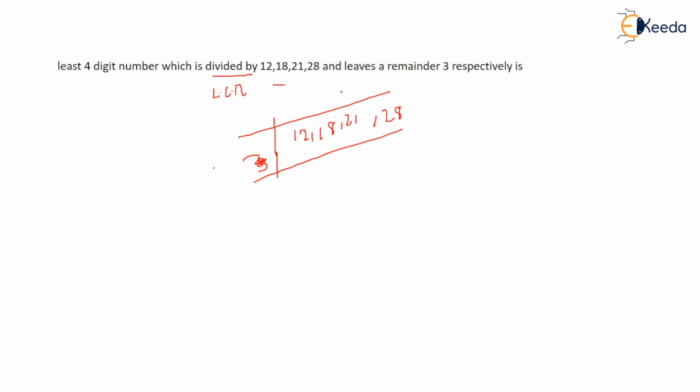They ask you LCM. So here you have to find LCM, not HCF. So LCM they ask you. So you can take 2 here. After doing this, you get 6, you get 9, you get 21, you get 14. LCM you can do till the time 1 won't come, right?